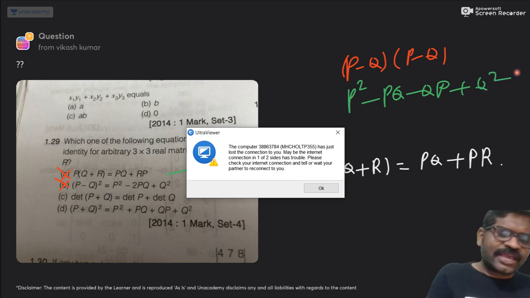Here they have given P square minus 2PQ, which is incorrect. Determinant of P plus Q equal to det P plus det Q is absolutely wrong, not necessary. So the last option is correct.